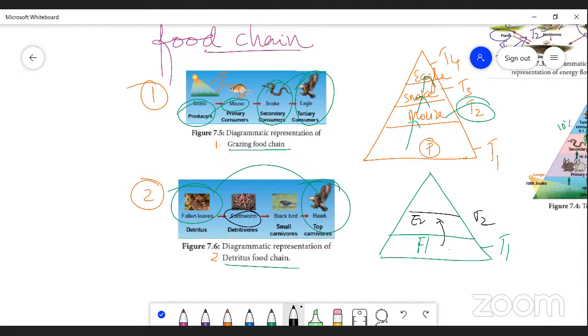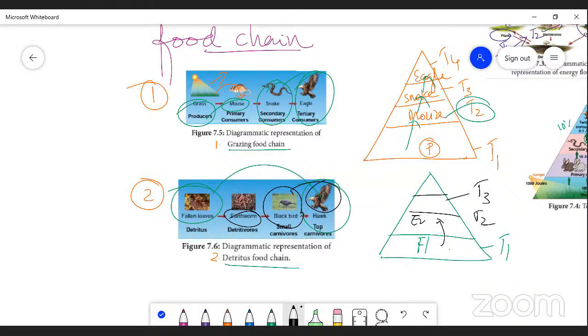From the primary consumer, the food materials are transferred to the blackbird. The blackbird is the secondary consumer. From the secondary consumer, the food materials are transferred from the blackbird to the eagle, which is called a top carnivore, right? So this is called a detritus food chain.